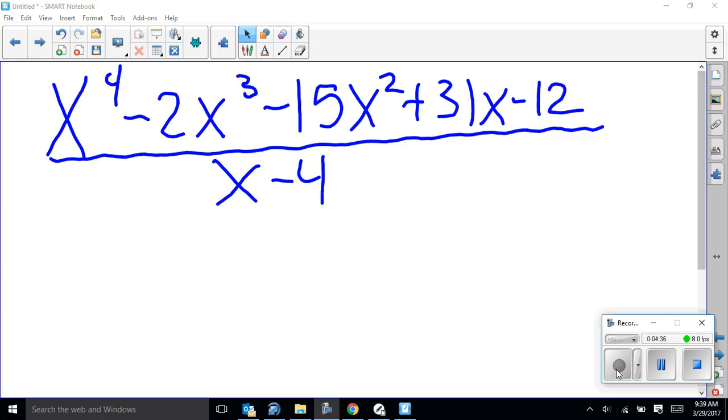All right, so looking at this one, we need to decide what's going to go into our dividing house and what's on the outside. x minus 4. All right, so x minus 4 is on the outside.